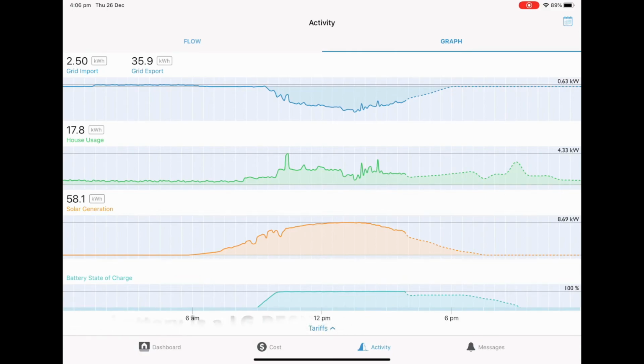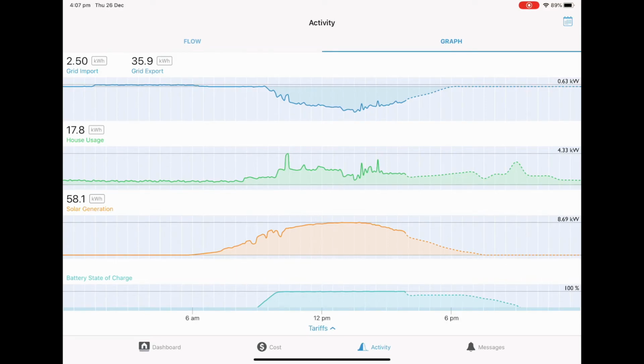Now it says I imported 2.5 kilowatts today, and basically that graph just goes on and it shows you what the solar was doing.